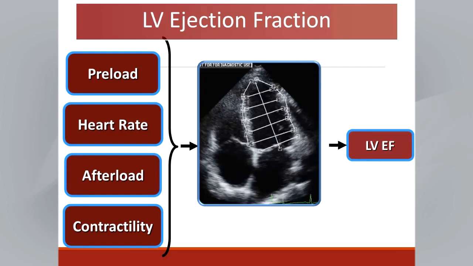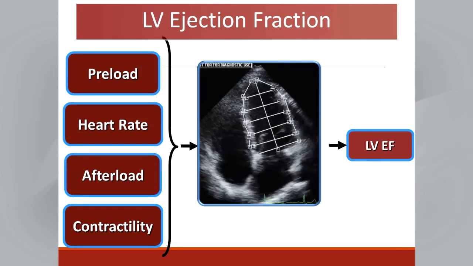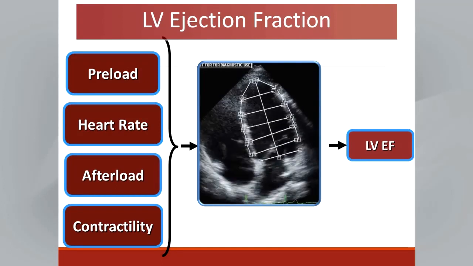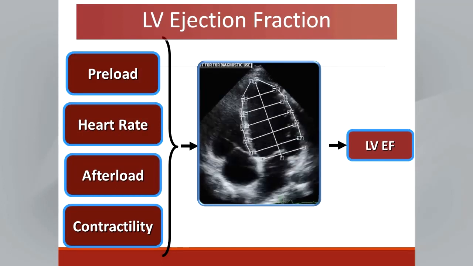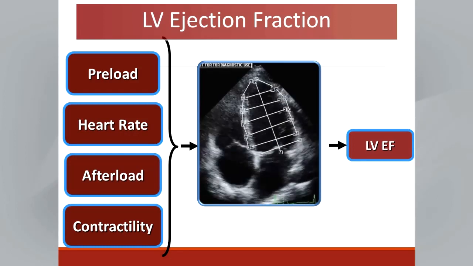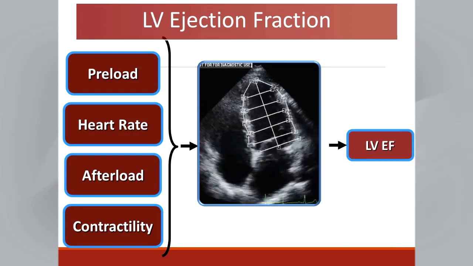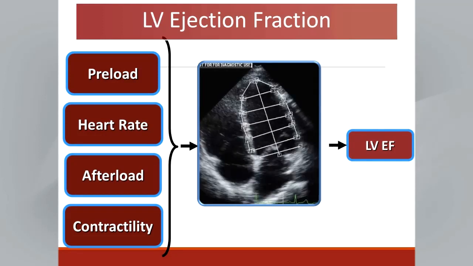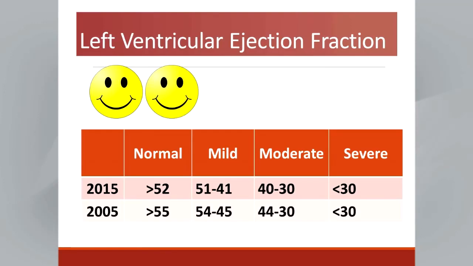Now, regarding left ventricular ejection fraction, we all have an opinion of the good and the bad. We know it's a measure of overall left ventricular performance. We know that it's dependent on loading conditions, but this is the parameter through which we all communicate regarding left ventricular function.